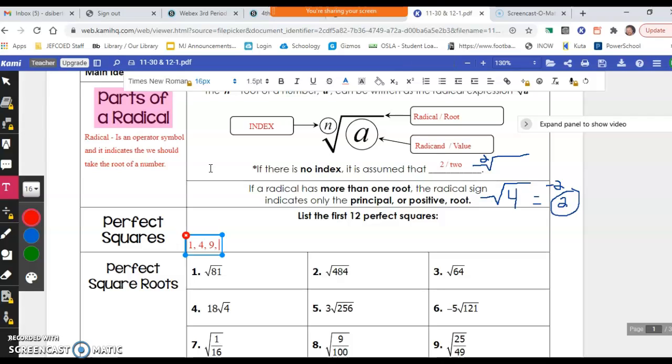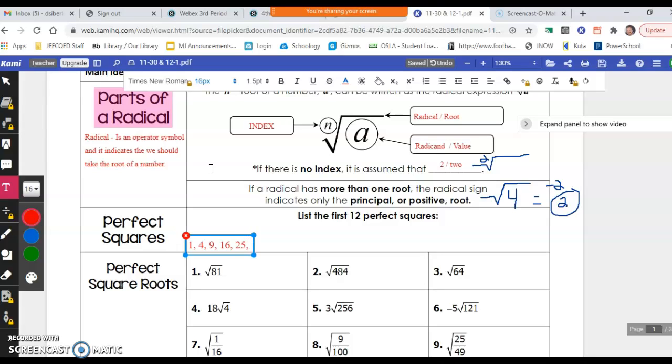11, 12, 13, 14, 15, 16. Anybody see the pattern here? What's the next one going to be? 25.